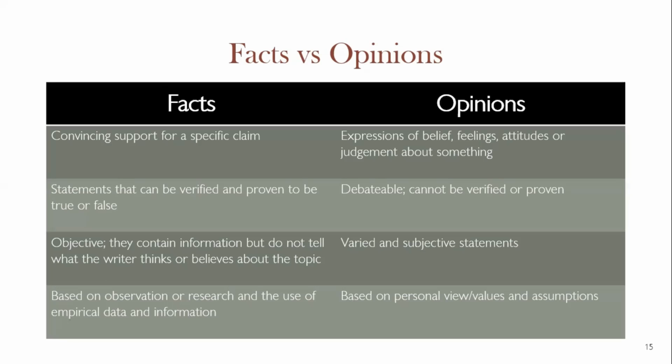And lastly, facts are based on observation or research, and it also uses empirical data and information. So it can be measured, it can be observed, it can be researched on, it can be experimented on, you can do a survey on it. These are what facts are, right?